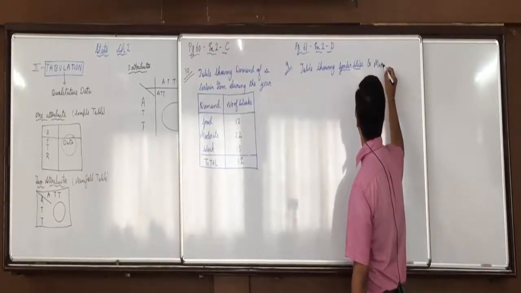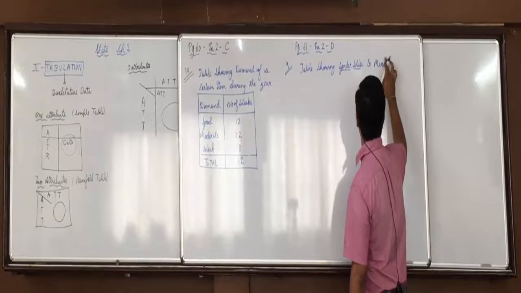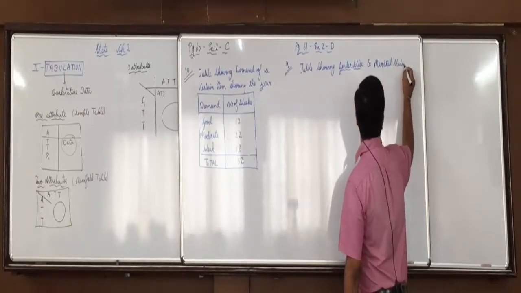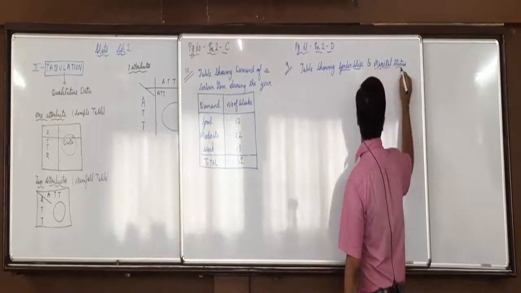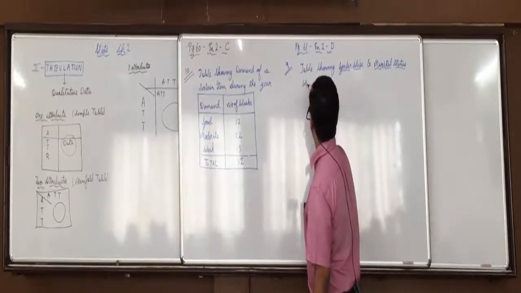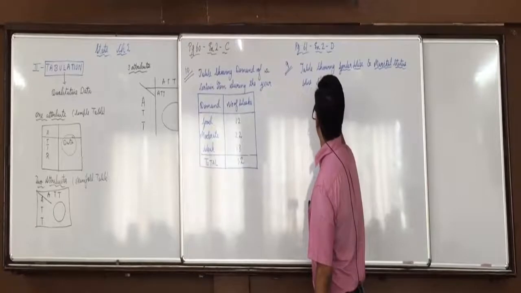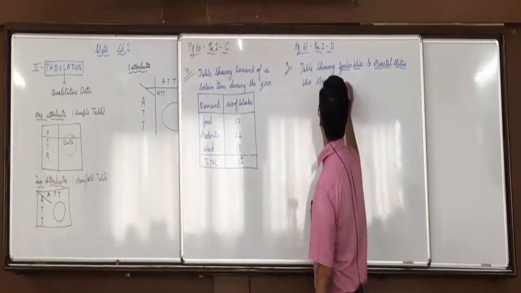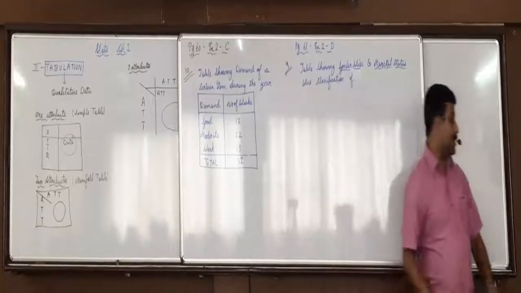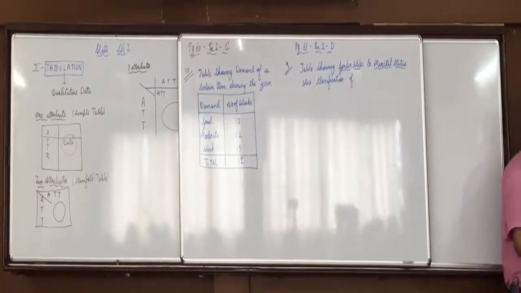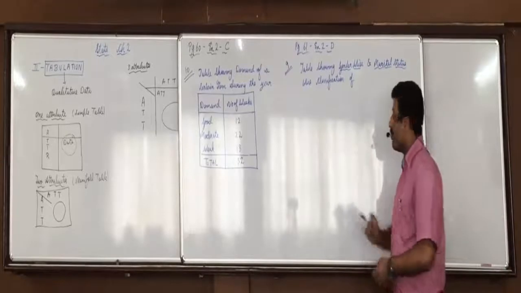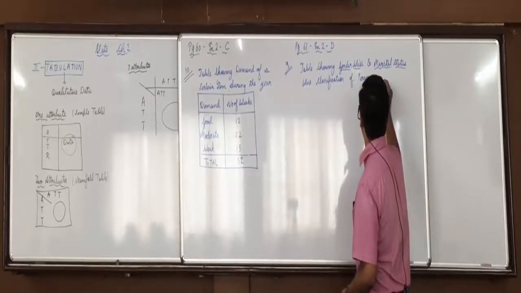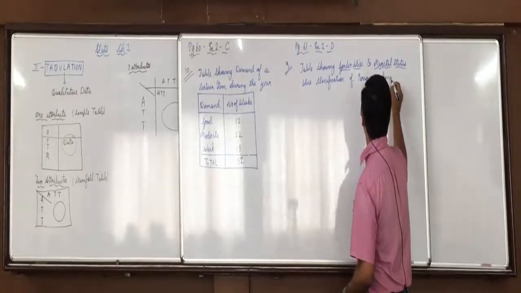And marital status wise. Classification of, if you see the first sentence, this all information is of persons working in an office. So persons working in an office.